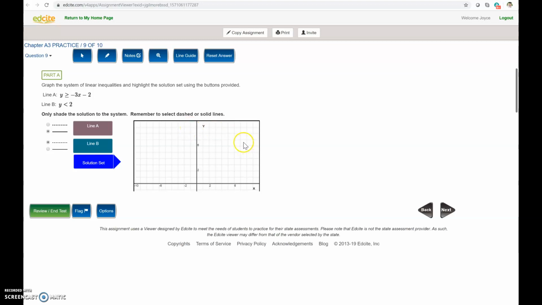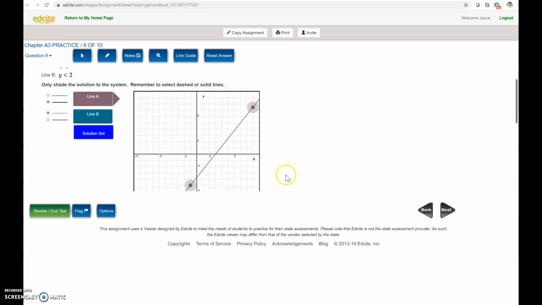All right, graphing the system of linear inequalities. The nice thing about this is that they are both already ready to graph. Y is greater than or equal to negative 3x minus 2. We need to click on line A and choose if we want dashed or solid. This one I want a solid line.